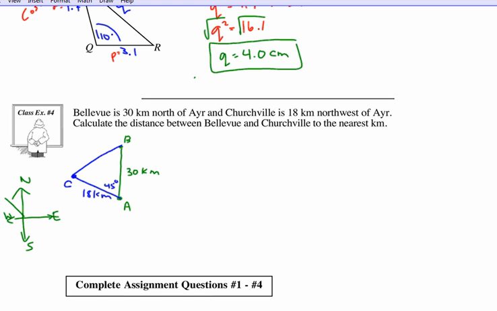So we want our opposite side x, or we can call that little a even, because that's opposite angle A. So little a, we know b, and we know c.